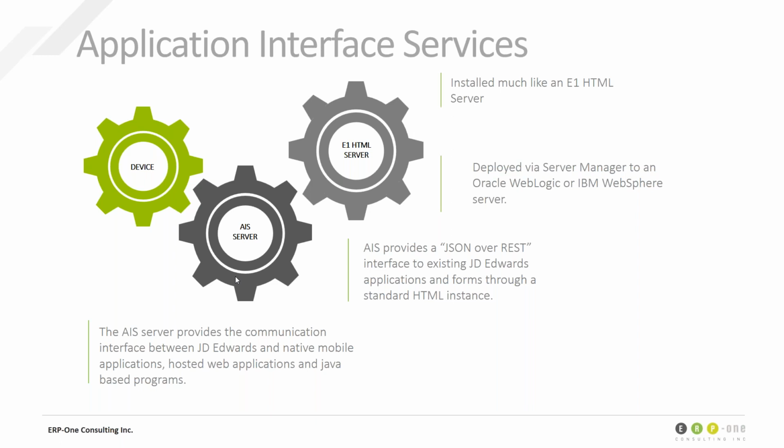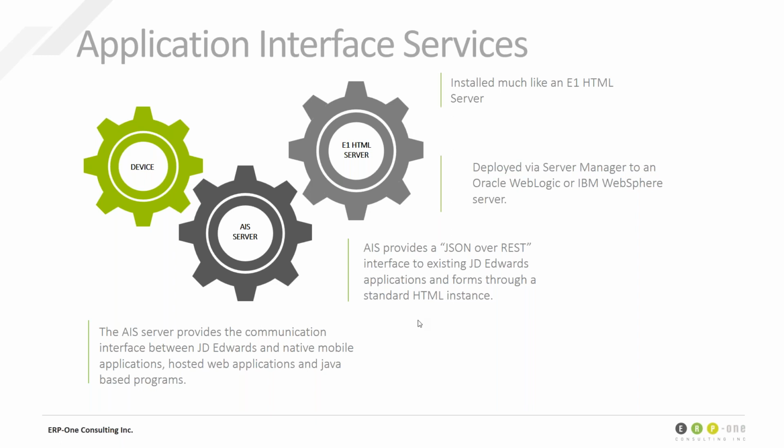Some of the main ones are speed increases. It limits the response time so you can just get the data you need, as well as a fetch next service where you can fetch groups of records at a time, kind of like the next functionality in an E1 application.